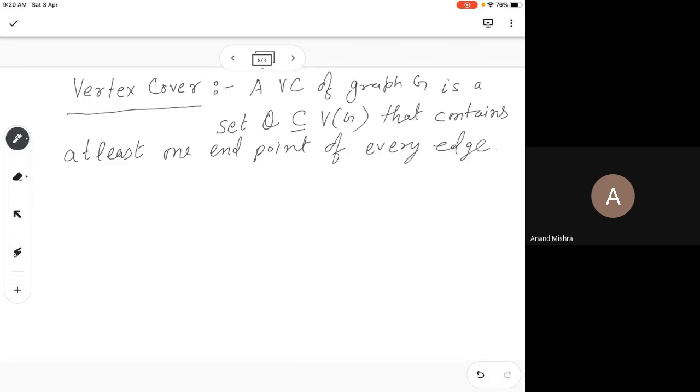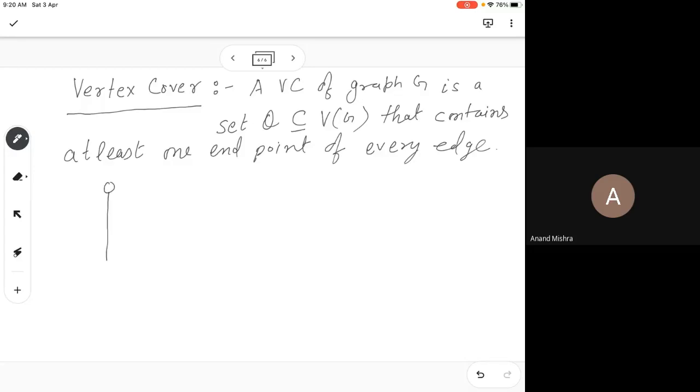Vertex cover of a graph G is a set Q, subset of V(G), that contains at least one endpoint of every edge, right? And then we say that the vertices in Q cover E(G). So let's take an example.